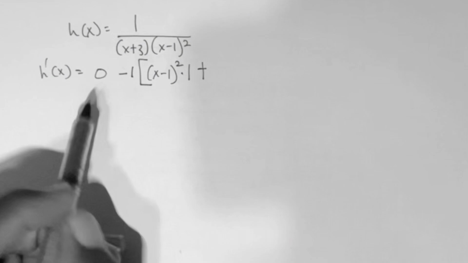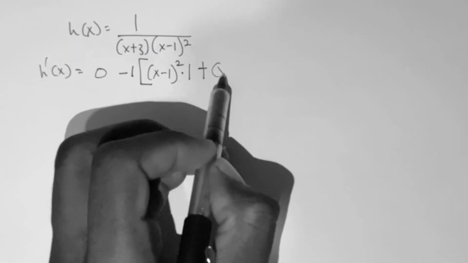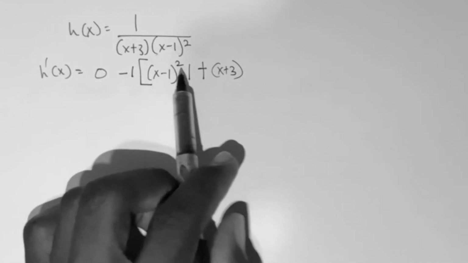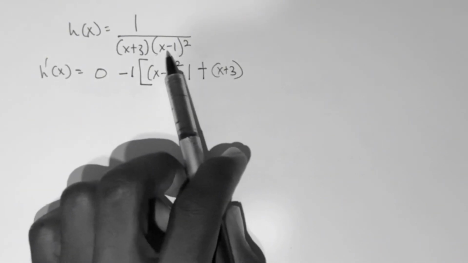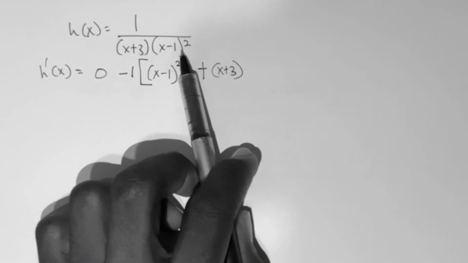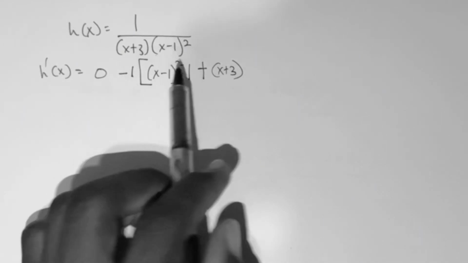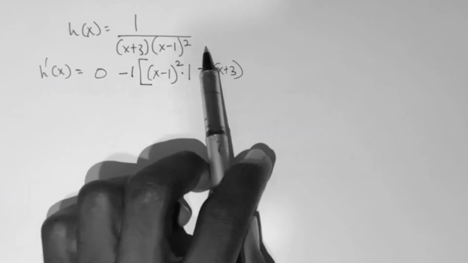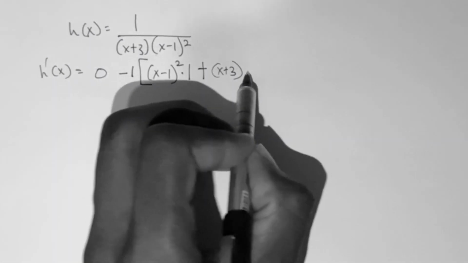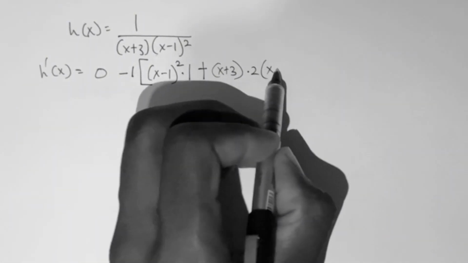Then you add it to keep x plus 3 constant. Then you differentiate x minus 1 exponent 2. If you differentiate what is inside the bracket, x minus 1, it is 1. Then times, if you differentiate x minus 1 exponent 2, it will become 2 times x minus 1.